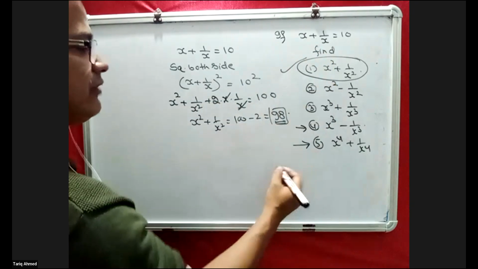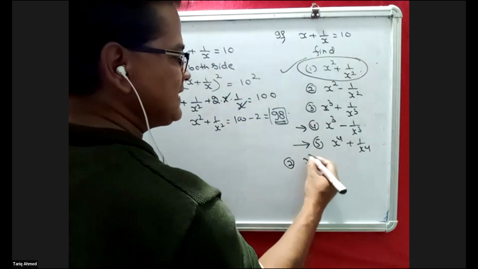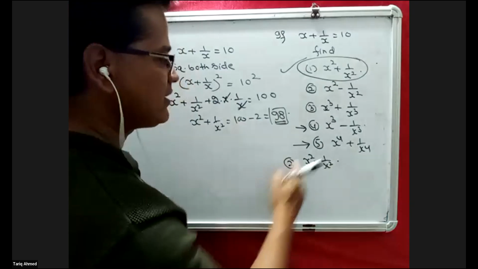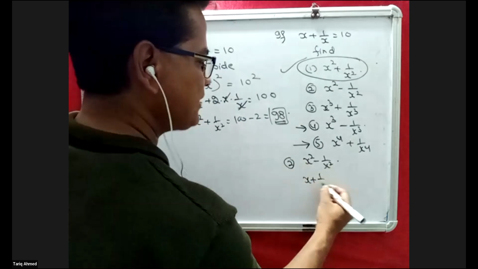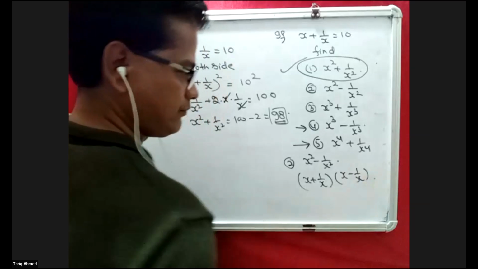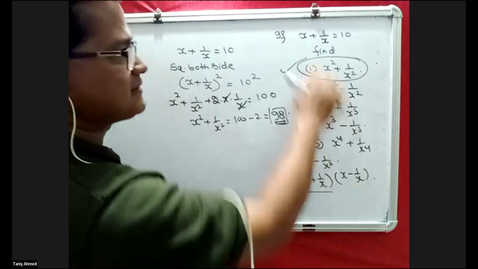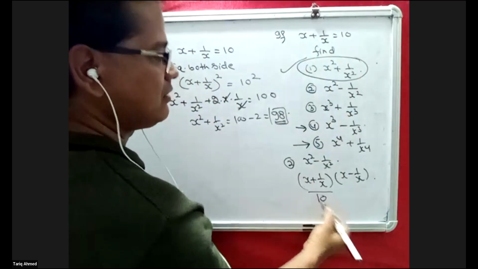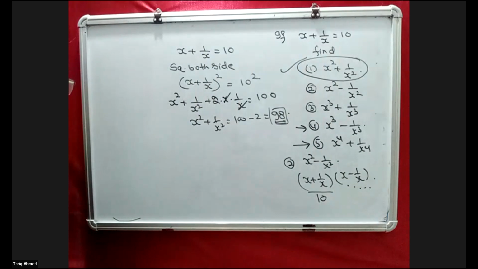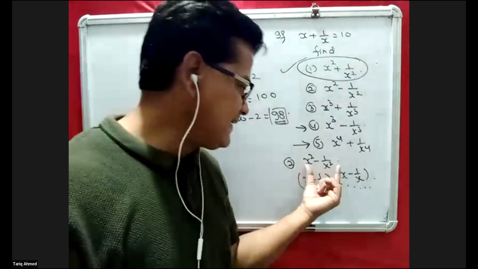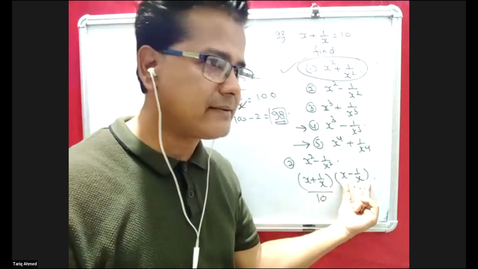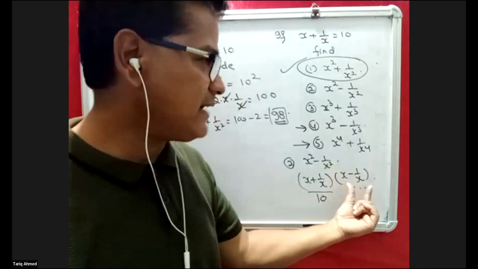Now see, for the second one, x square minus 1 by x square, using the identity we can write this as (x plus 1 by x) into (x minus 1 by x). We have the value of x plus 1 by x, 10. But we don't have the value right now for x minus 1 by x. So first of all, we need to find the value of x minus 1 by x. How can we find this one?